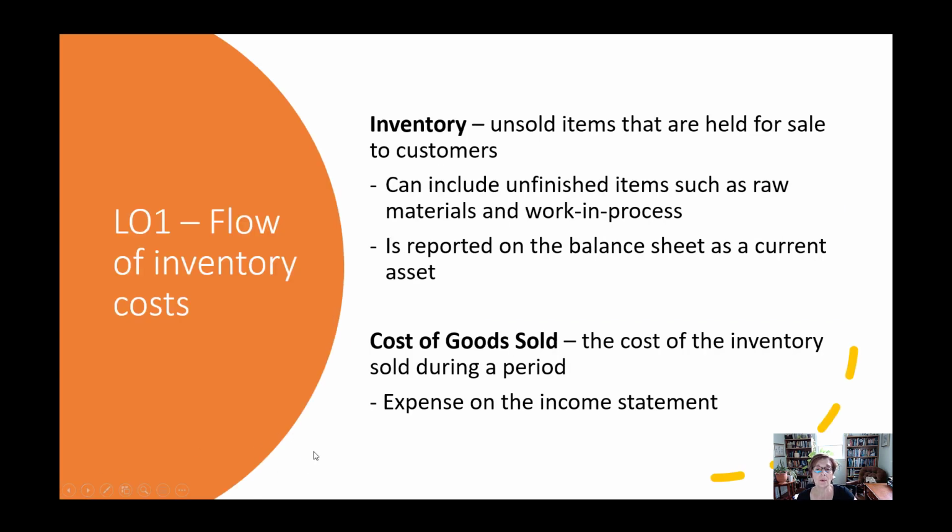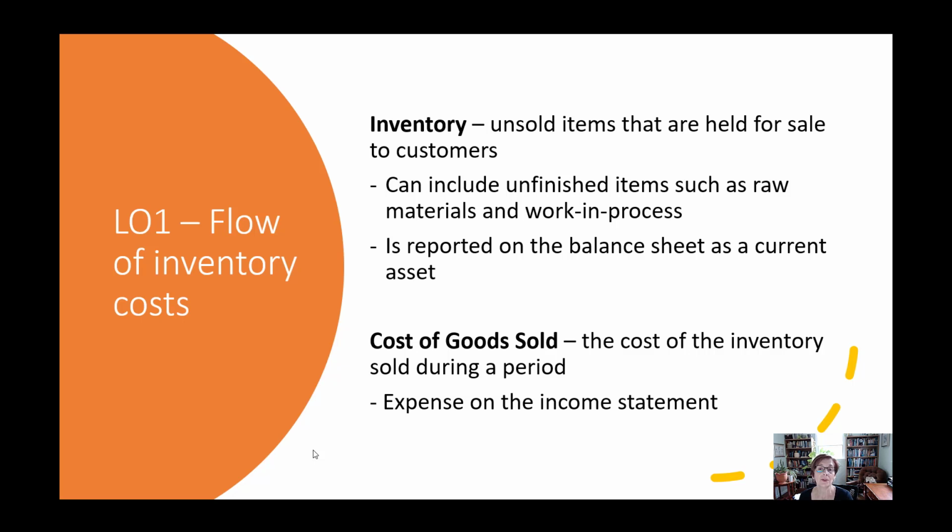All right, so first of all, let's recall what inventory is. Inventory is one of the only assets that a company holds just for the purpose of reselling, right? So the inventory itself is what is unsold, right? So those are items that are on hand unsold.